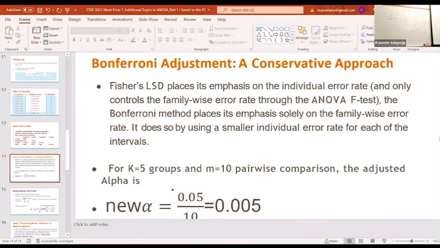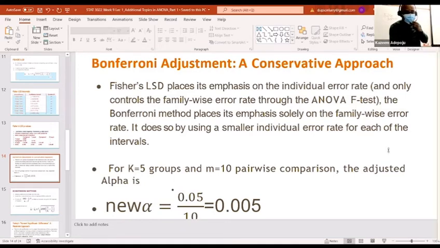We need to find a new level of significance by dividing the level of significance by the number of pairwise comparison tests. What do you expect? The new level of significance will be very, very small, right?